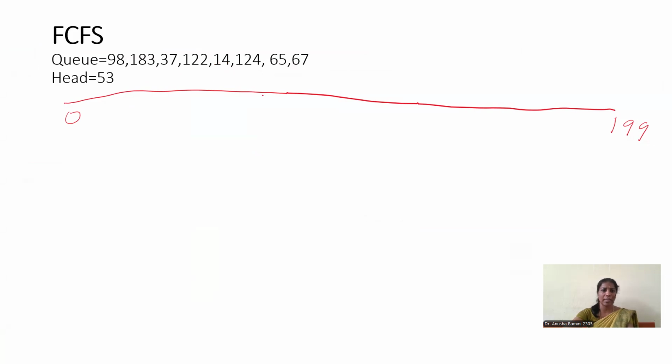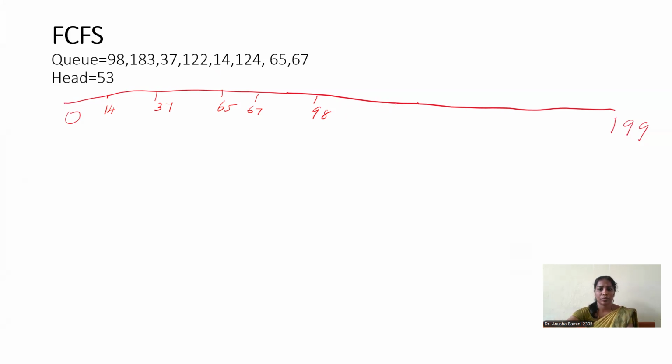Mark the numbers on the line from 0 to 199 in ascending order. 14 is the next number after 0, so mark 14. After that, 37, then 65, 67, then 98.